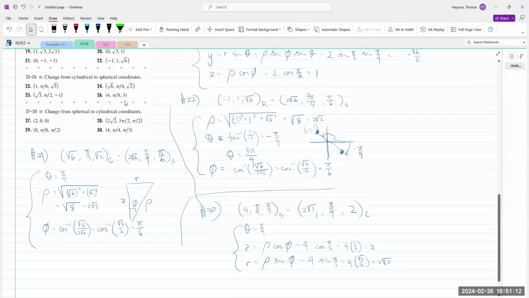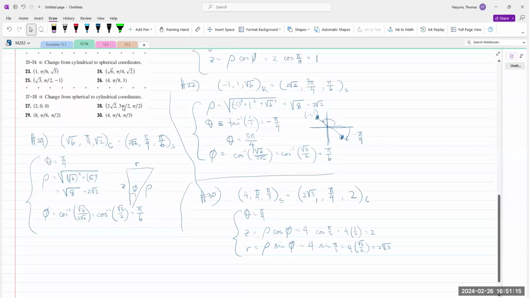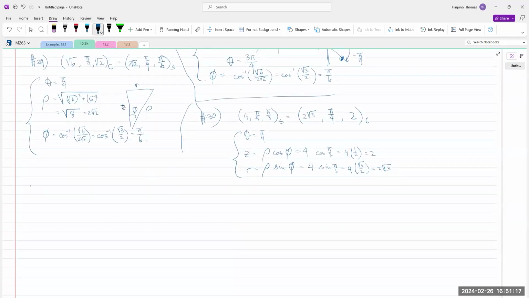Okay, now from here, I want to go on with some important equations or important shapes regarding the spherical coordinate system. The first one, of course, is when rho equals a constant. Let's say, for example, rho equals 2. Well, rho equals 2 means rho squared equals 4.